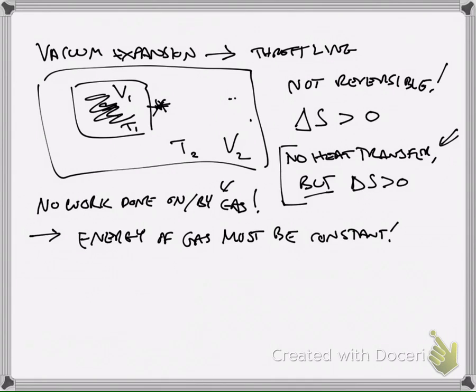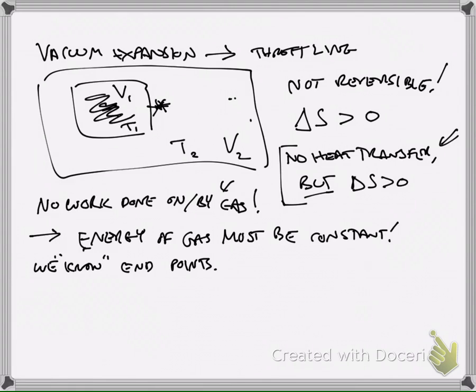And so the thing we're going to care about is figuring out what these final conditions are. So what we need to know basically is what is T2 under these circumstances, right? This is an example of a problem where we know the endpoints, even though it's irreversible, and so therefore we can't divide it up into a bunch of little quasi-equilibrium things along the way.